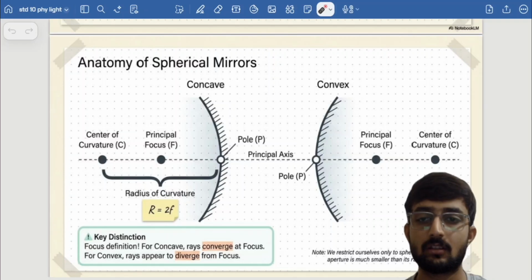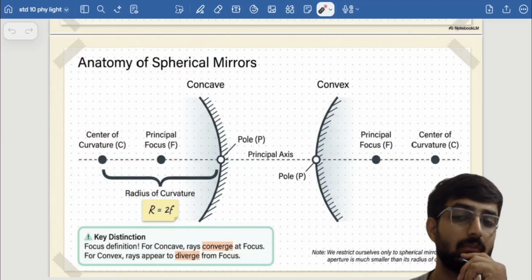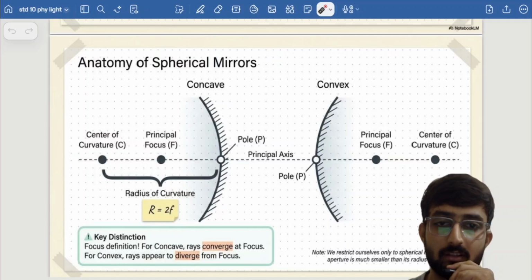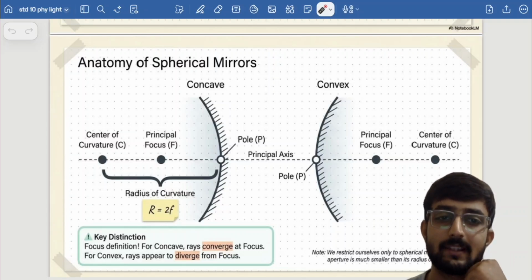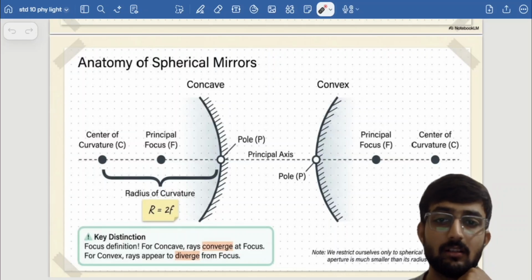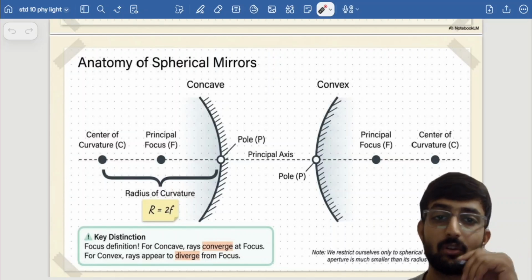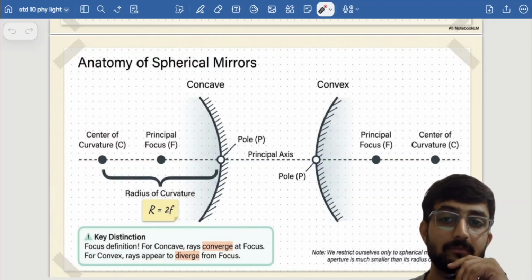Easy. So everyone, today we covered the foundational concept of reflection, spherical mirrors, and got to know the basic difference between concave and convex mirrors. Make sure you clear up these definitions and terms, because they are the building blocks for what's coming next.